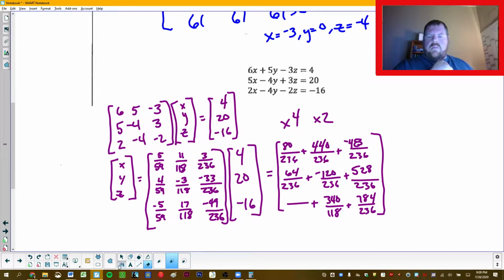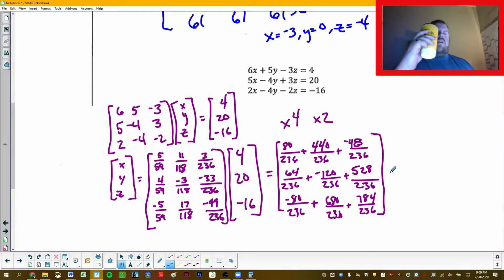That one will be negative 80. And that one will be 680. So now we have common denominators everywhere. That can make life a little bit easier. The other issue is that we have some big numbers.